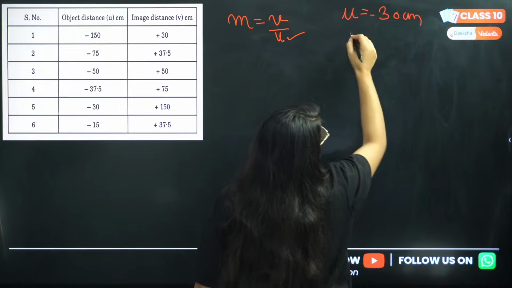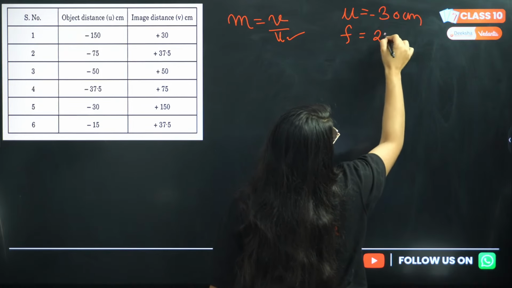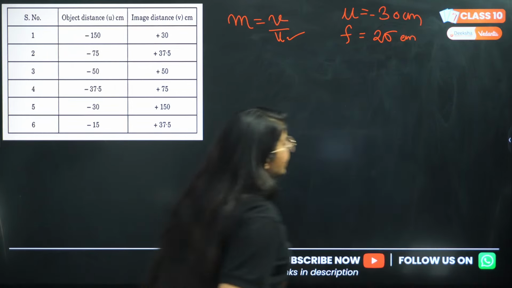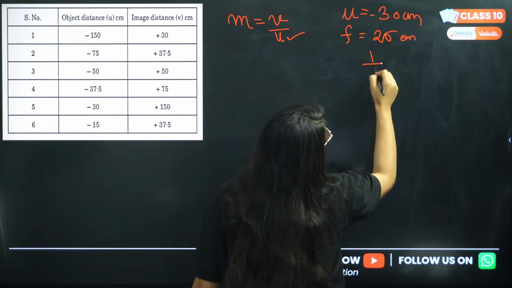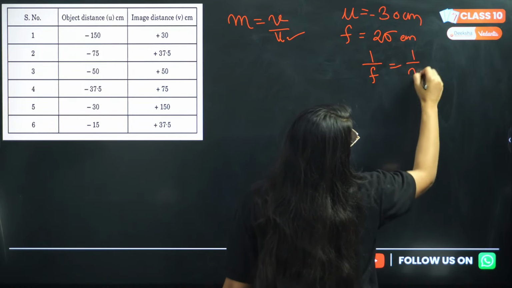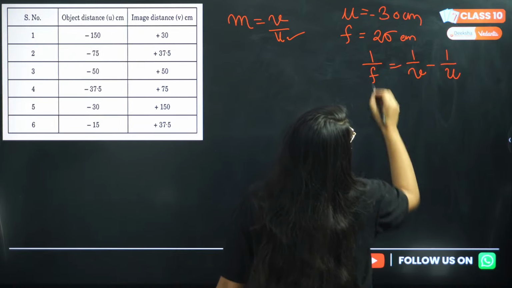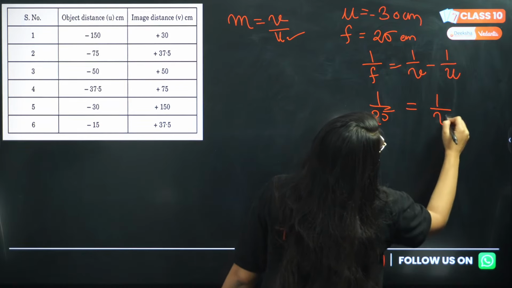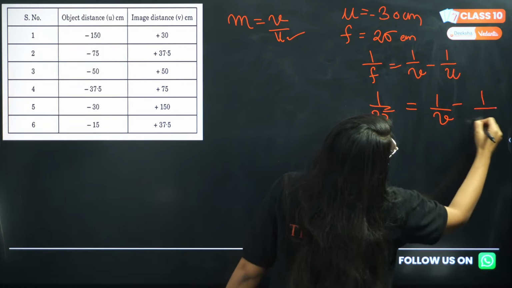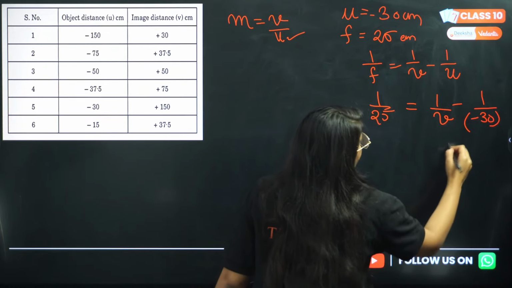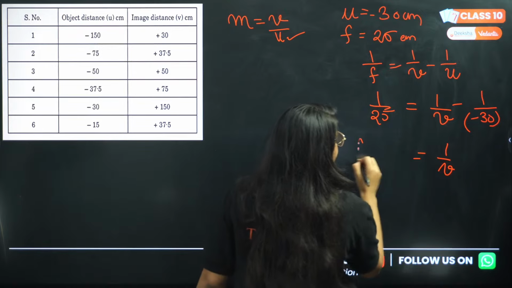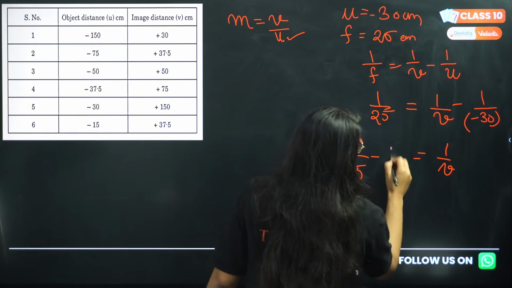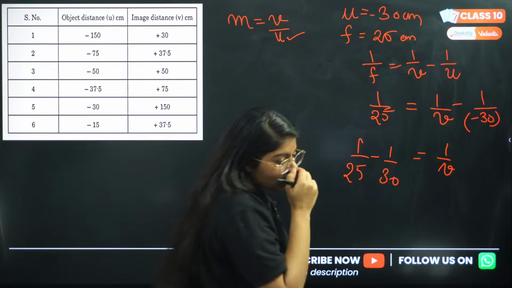But we just found the focal length, which was 25 centimeter. So, can we calculate v from this? Exactly, we can use the lens formula. So, 1 by f is 1 by 25, and 1 by v we need to find, minus 1 by minus 30, so 1 by 25 minus 1 by 30. Correct? Understood?